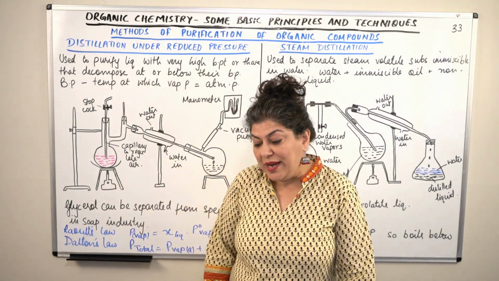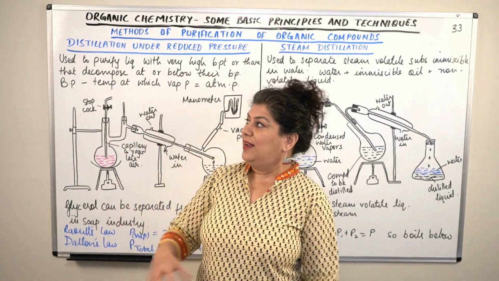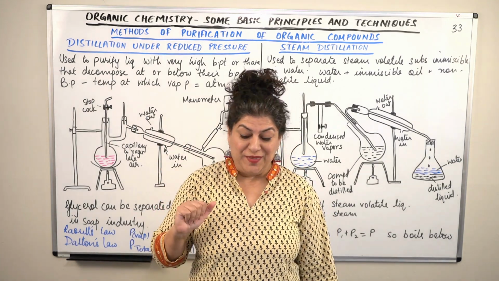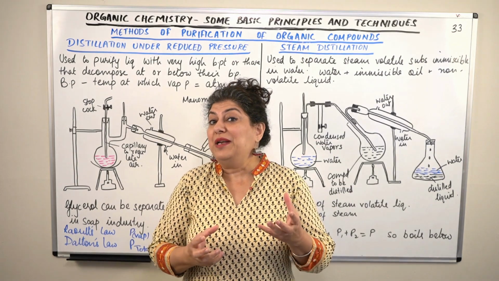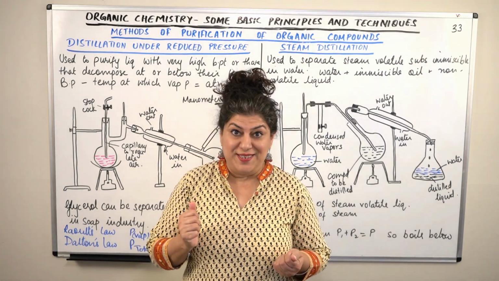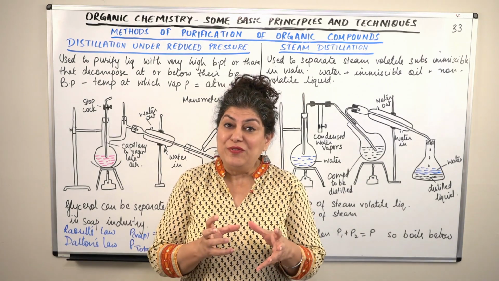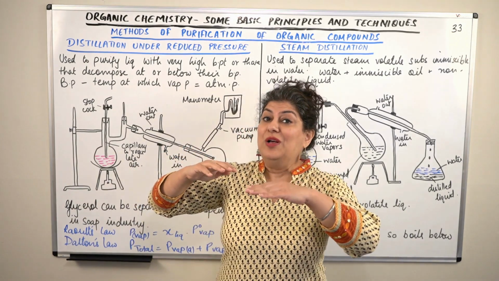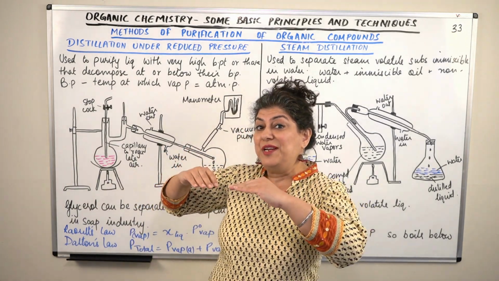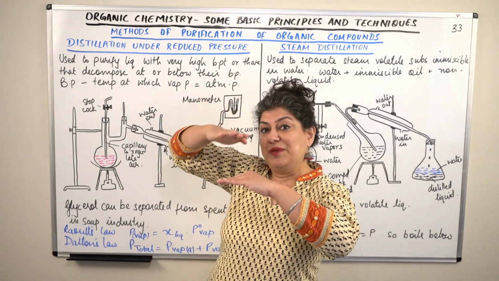Now the question is, why am I telling you the story of cooking food when our topic of discussion is distillation? The reason I'm telling you this is that we can manipulate the boiling point of a liquid. And how can we manipulate the boiling point of a liquid? We can manipulate it because we know that boiling point is that temperature at which the vapor pressure becomes equal to the atmospheric pressure.